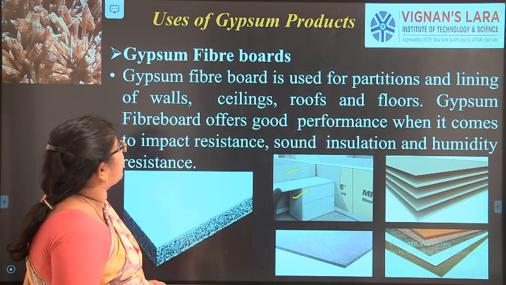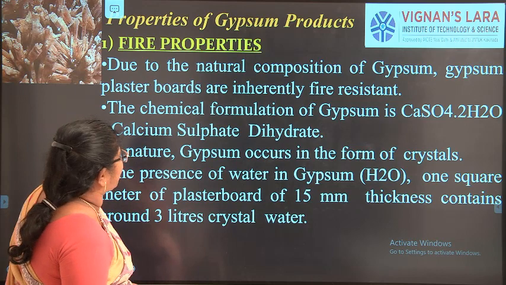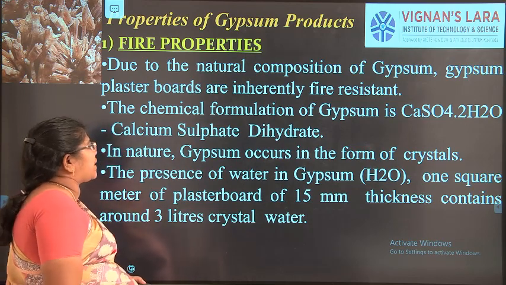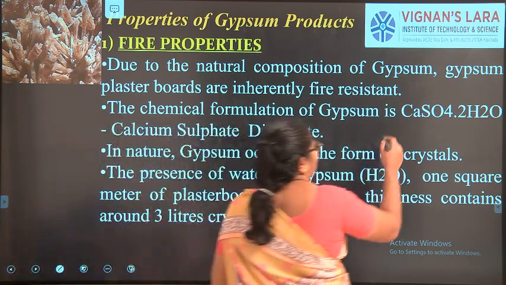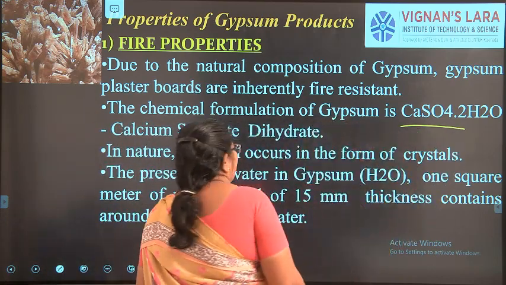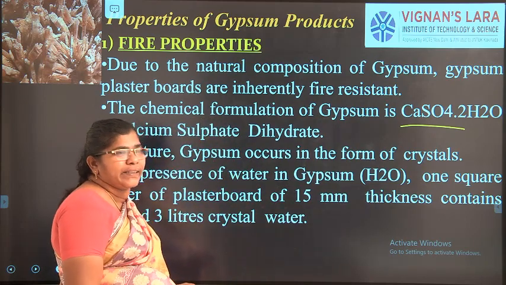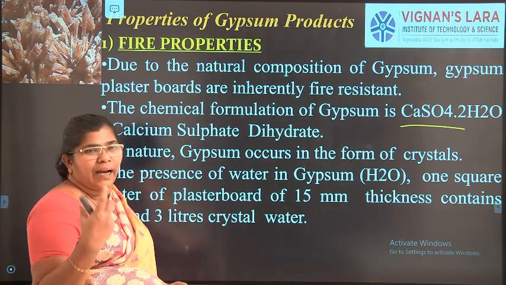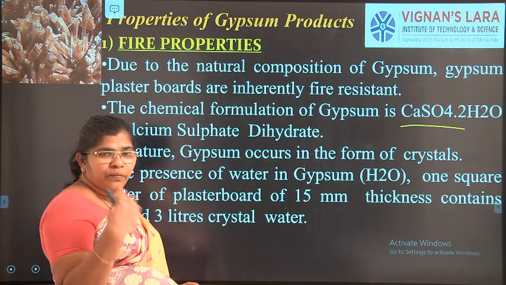Then when we go to the properties of gypsum, number one, we will see the fire properties. Gypsum, or gypsum plaster boards, are inherently fire resistant because of its natural composition, CaSO4·2H2O. So it itself has some water in it. When fire is there, this water will be released and will make the fire blow out, right?